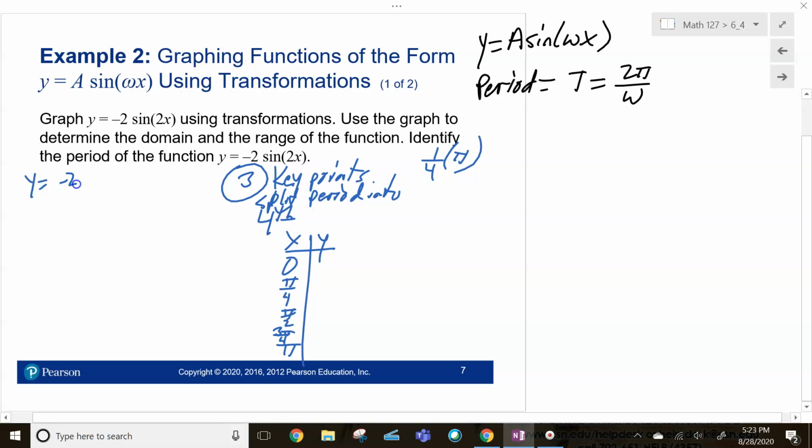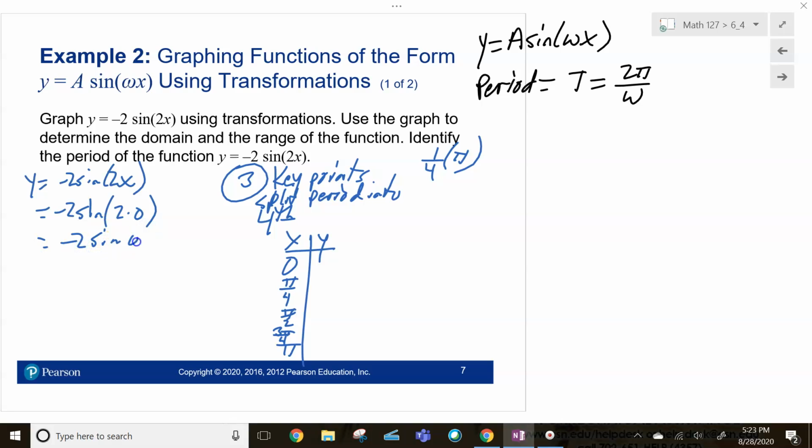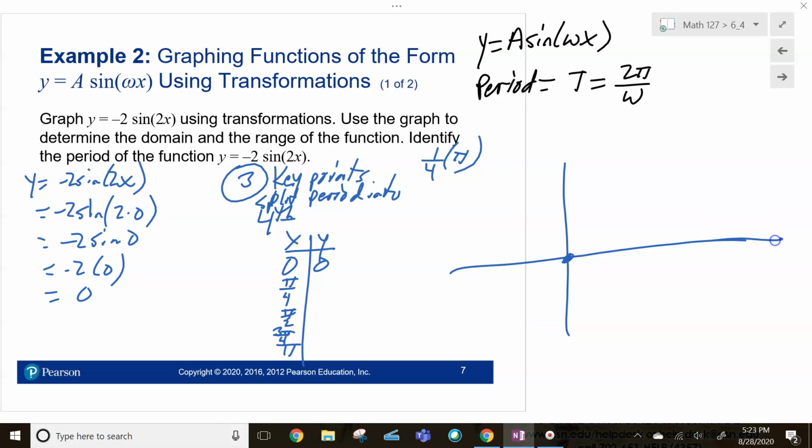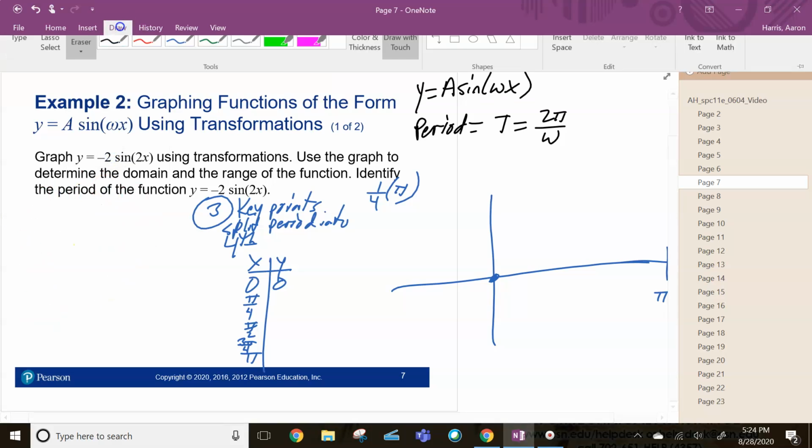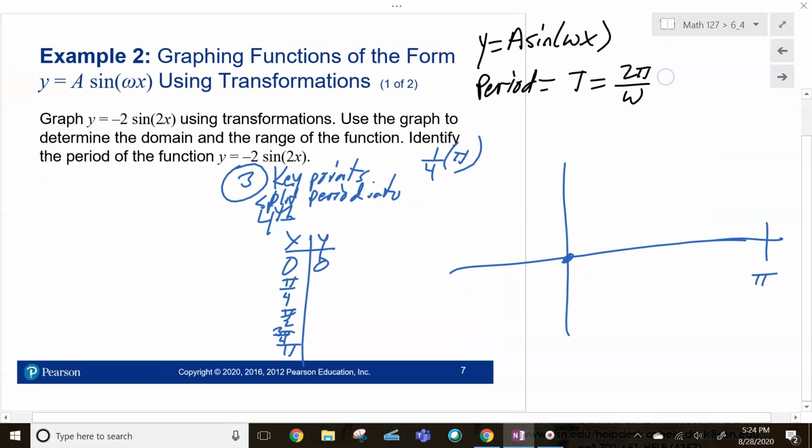So y equals -2 sine 2x. I'm plugging in 0 first. What's the sine of 0? 0. So I get 0, 0. There's my first point on the graph. Now I'm going to get one full revolution just by going out to pi. Now I'm going to plug in pi fourths. Well, 2 pi fourths is pi halves.